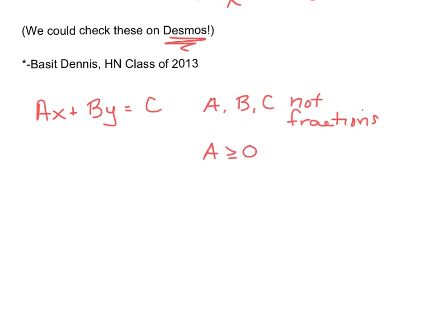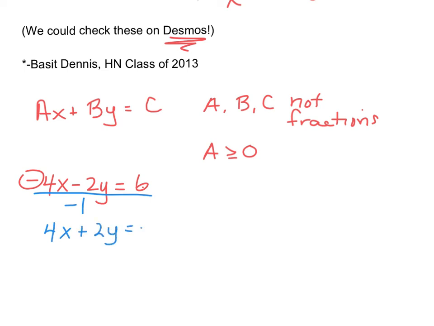So we'll say greater than or equal to 0. So in other words, if I had an equation negative 4x minus 2y equals 6, that's not really considered standard form because of this negative sign. So what I could do is divide the whole thing through by negative 1, and that would change all the signs. Now my equation would be 4x plus 2y equals negative 6. Now that's considered in standard form.